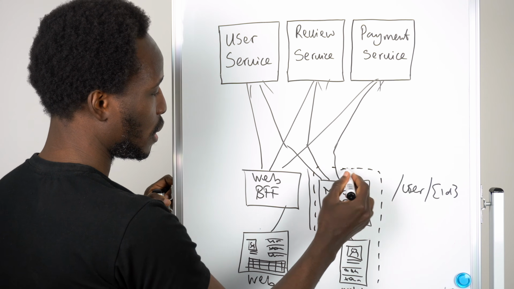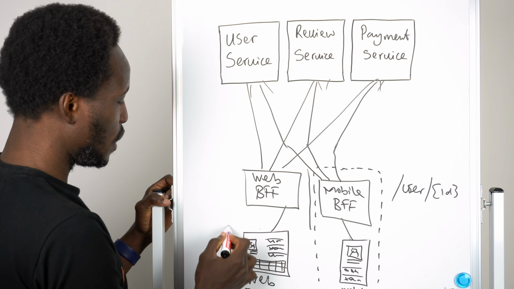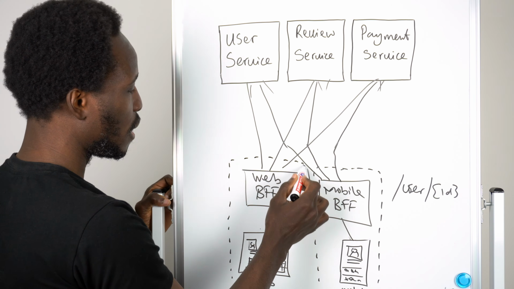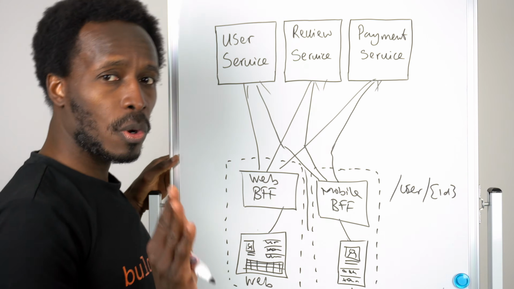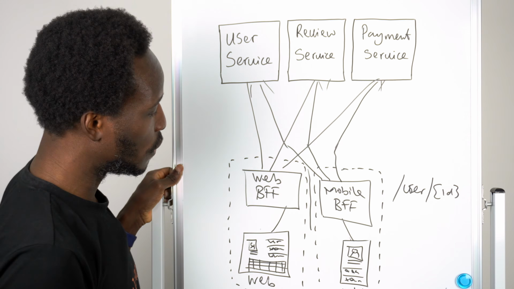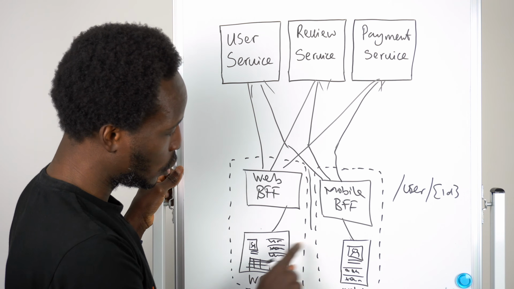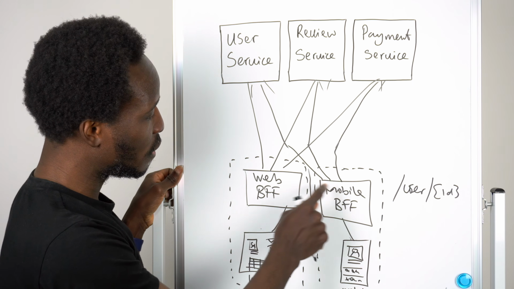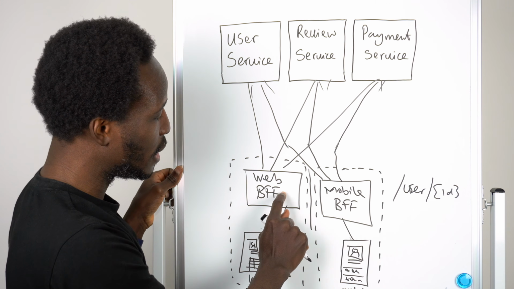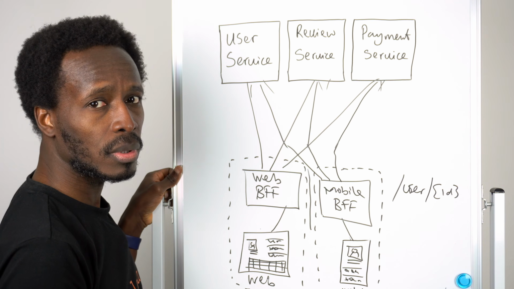For example, the team that handles web would also be the team that handles the back end for front end for the web. And one thing you need to take note of is you don't want to allow any UI logic to leak into the BFFs. You want to keep this as a back end type of logic as much as possible.